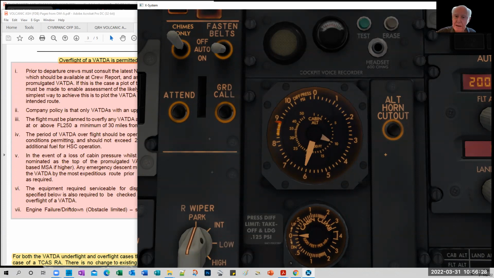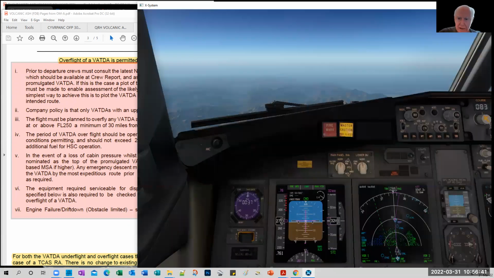I didn't plan this, but in any case, this is why I'm giving you this challenge and looking at all the possible problems that you could have when flying in an area of possible volcanic ash.